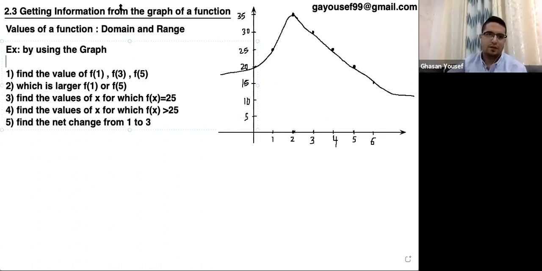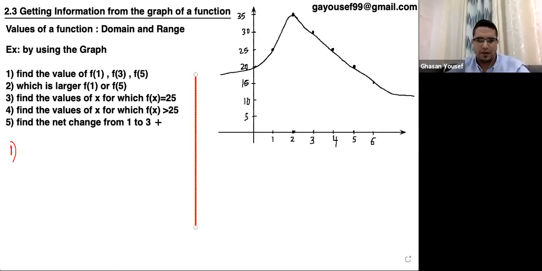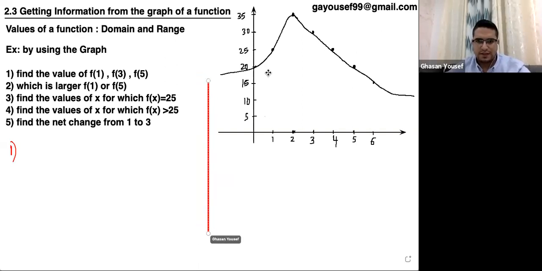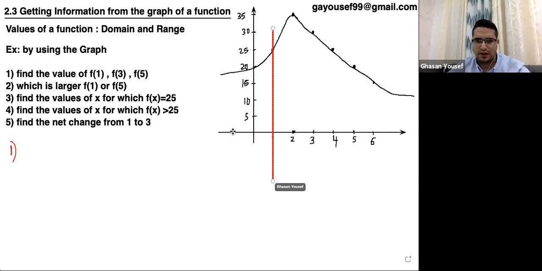Okay, find the value of f of 1, f of 3, f of 5. Question number 1. The question asks for the value of f of 1. This means we have to draw a line like this, and we have to find the height from the x-axis until where the line intersects the curve.